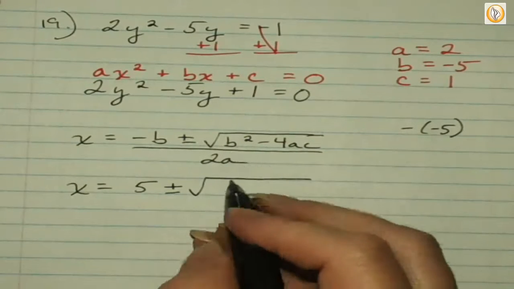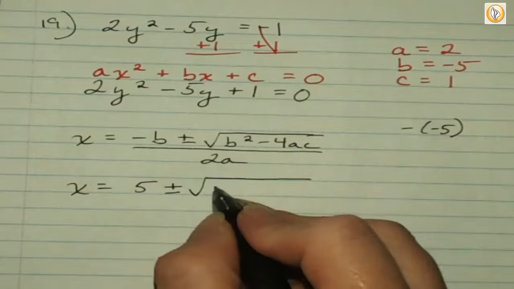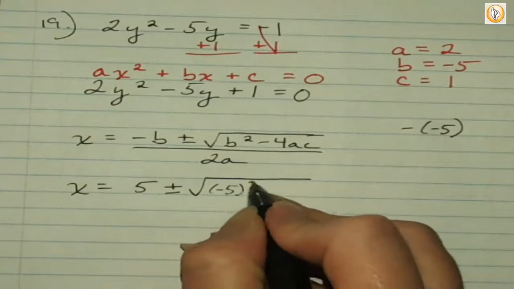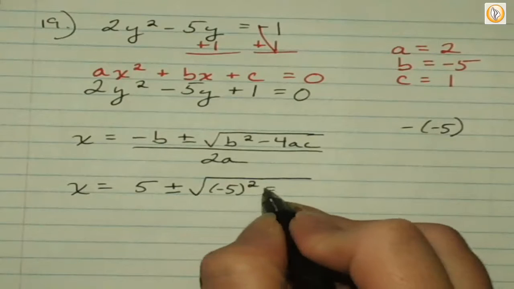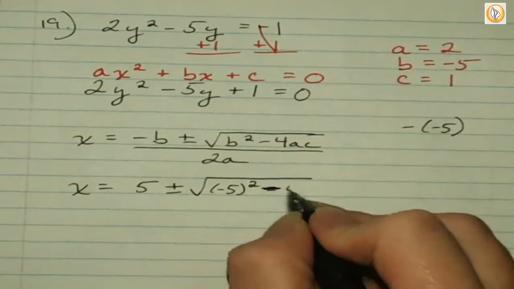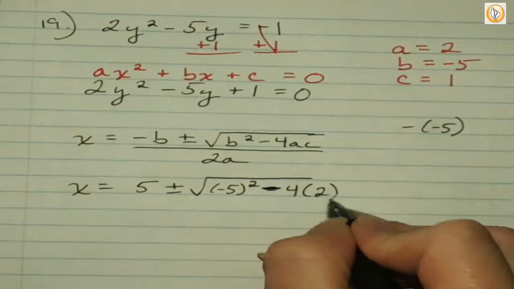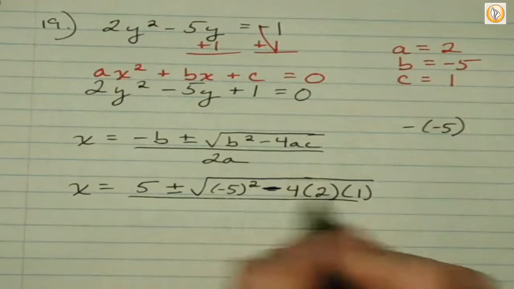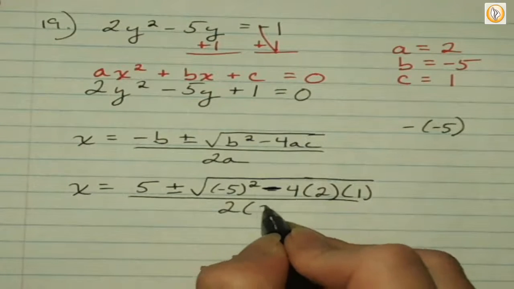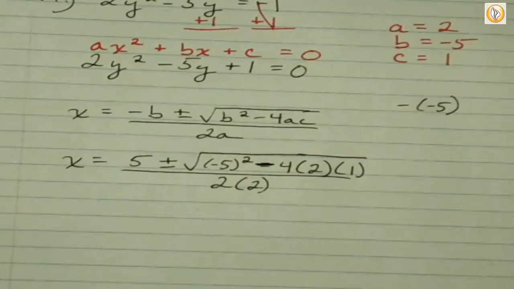And then this is b squared. That's negative 5 squared. Whoops, why did I put equals? Minus 4 times 2 times 1 over 2 times 2. See how easy it is to mess up? I just did it.